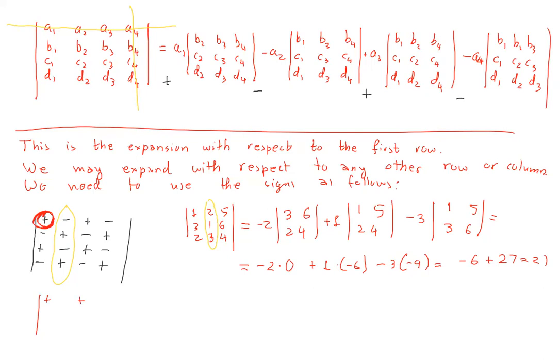Then again, since you alternate, it's minus plus minus, and then again it's plus minus plus, right? So which signs should you choose for the second column? Here are the signs that you should choose for the second column. These are exactly the extra signs that I put. So remember, these are put as extra signs.